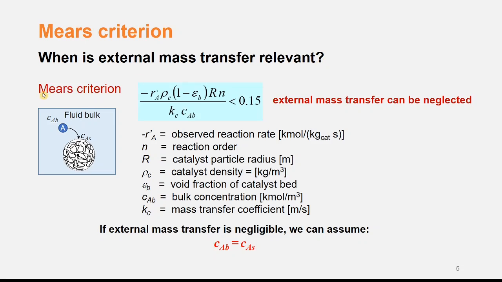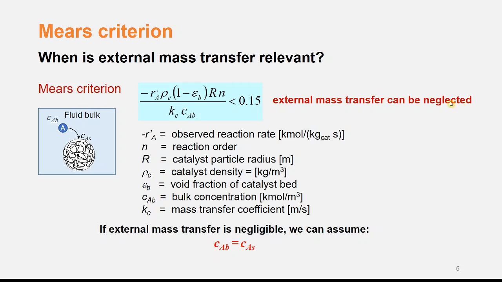One measure is called the Mears criterion, which uses the observed or measured rate of reaction, catalyst size, mass transfer coefficient, and bulk concentration to determine if mass transfer from the bulk phase to the catalyst external surface can be neglected.